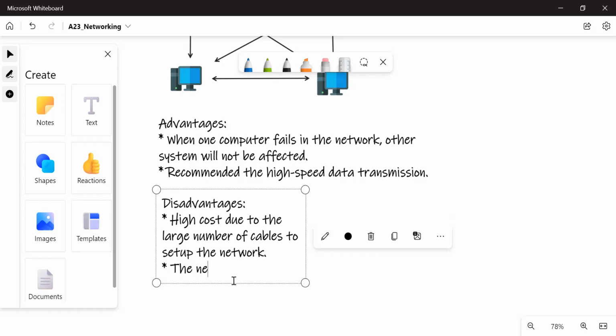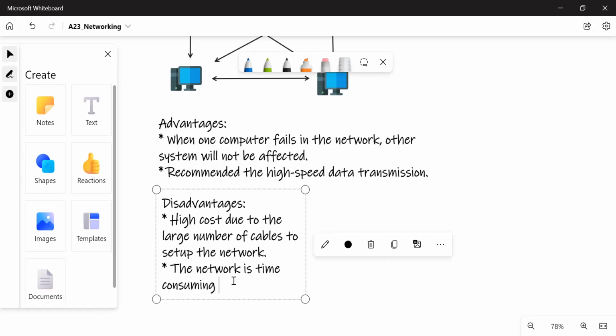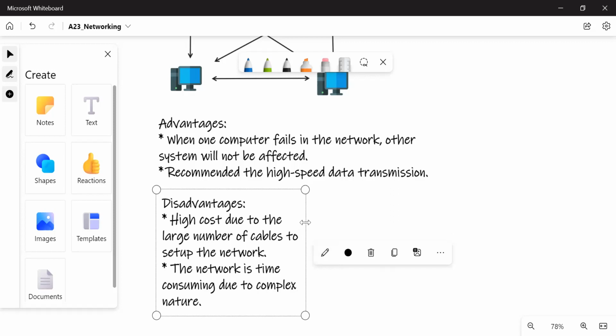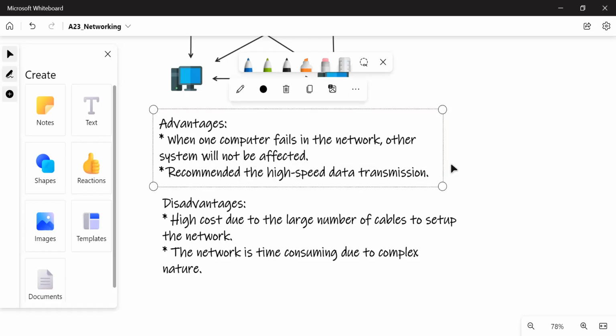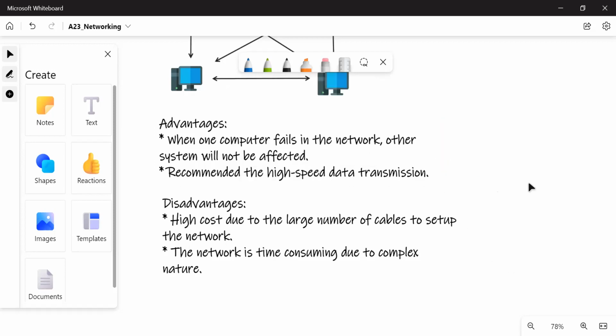Then the network is time consuming due to complex nature, right? It's complex, simply. You can see because every possible combination you can find out here, which is complex.